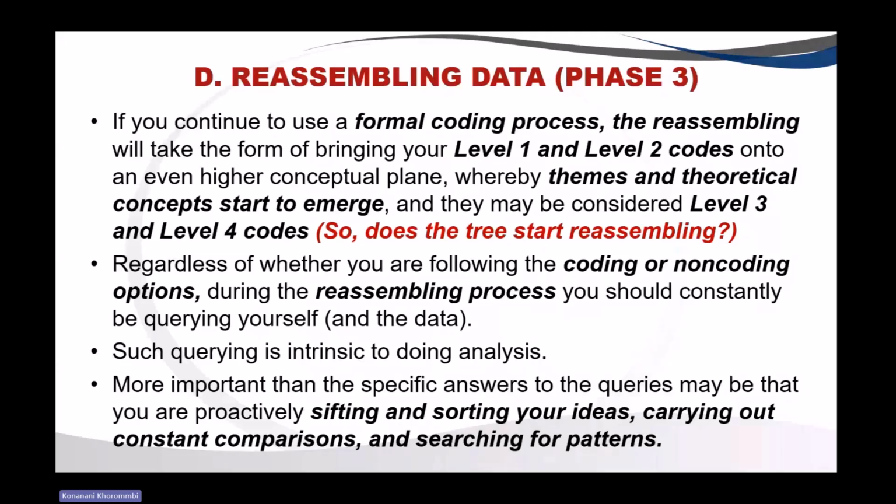Does it mean we already had touched reassembling, interpretation, or conclusions? Now we're talking about reassembling, but we're saying some themes and theoretical concepts might have started to merge, and those considered level 3 and level 4 codes belong to this next level of data analysis.